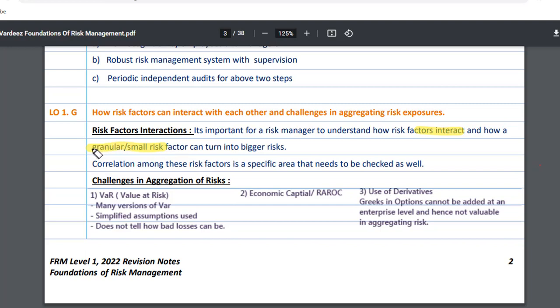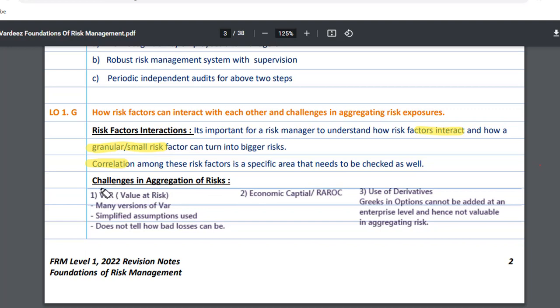So it's important that as a risk manager, we understand these granular or small risk factors. That's very important. Correlation among the risk factors is a specific area that needs to be checked as well. And do not forget that one risk can interact with another. So the correlation among these risk factors also needs to be studied.